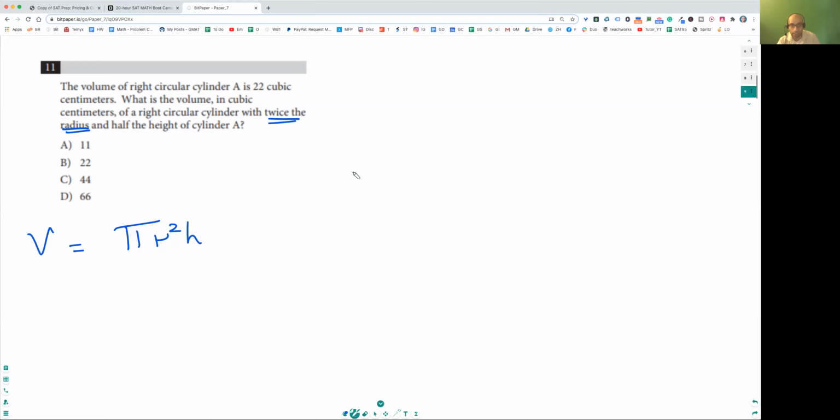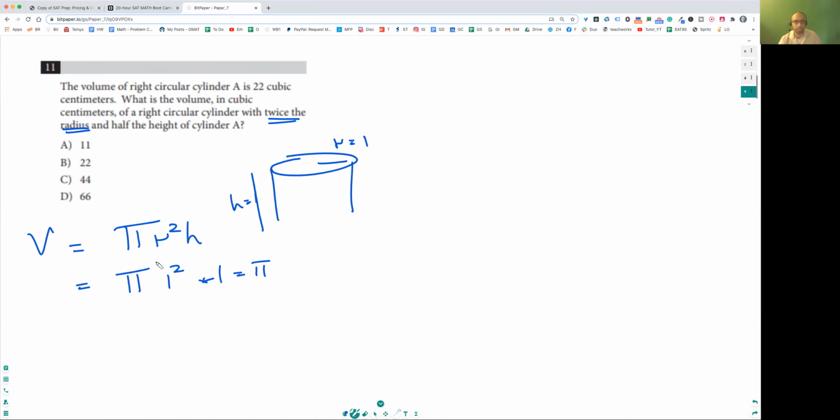Originally, let's say you had a cylinder with radius 1, and the height was also 1. So what is the volume of this, guys? The volume would be pi times 1 squared times 1, which is equal to pi. Now try to solve this problem and see if you can understand it.